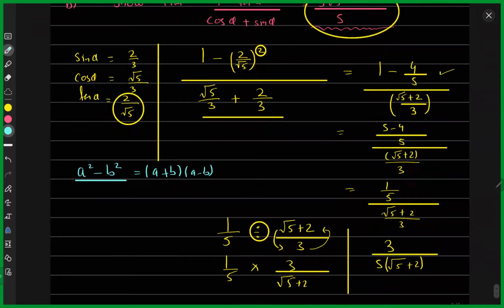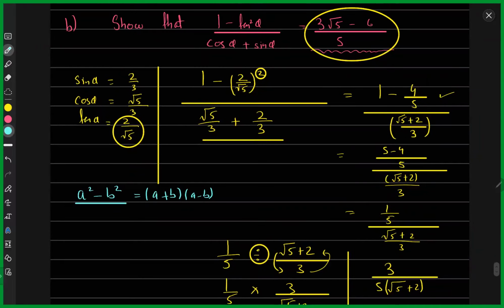Now I can clearly see one thing, that if I look at what I need to prove in the question, I do not have the surd in the denominator, but in my case, root 5 plus 2 is in the denominator. This means that I need to get rid of this root 5 from the denominator. Okay. How do I do that?